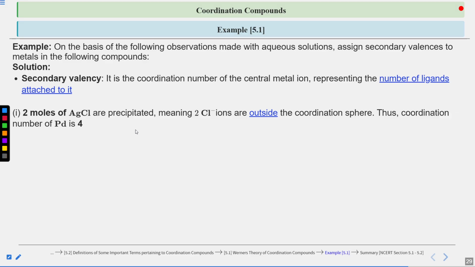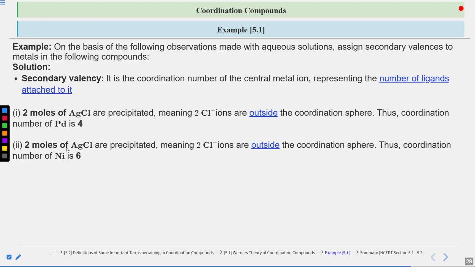The coordination sphere does not dissociate into its ions; only the counter ions dissociate from the complex compound. Thus its coordination number will be 4. You just eliminate the 2 chloride ions, and the remaining ligands give the coordination number of the central metal. Here it is palladium, and the coordination number, or secondary valency, is 4.